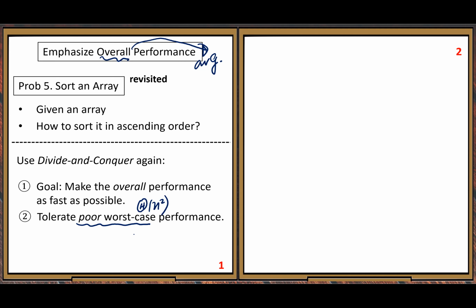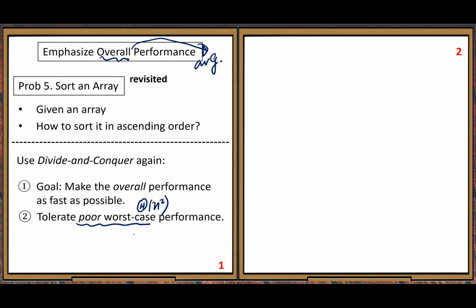Now, you may not be able to get a big theta of n log n for the worst case. But why can you tolerate it? Because the percentage for that worst case is very, very low. So for that reason, we do not worry about it.